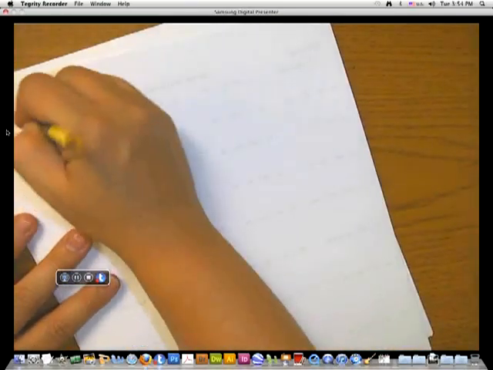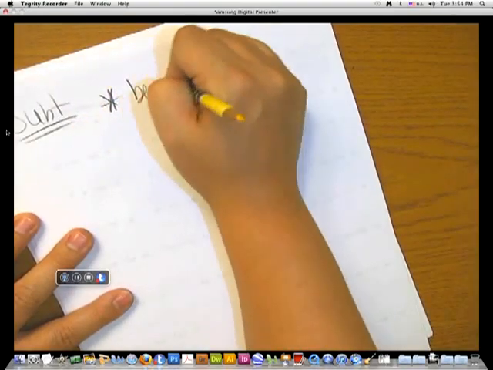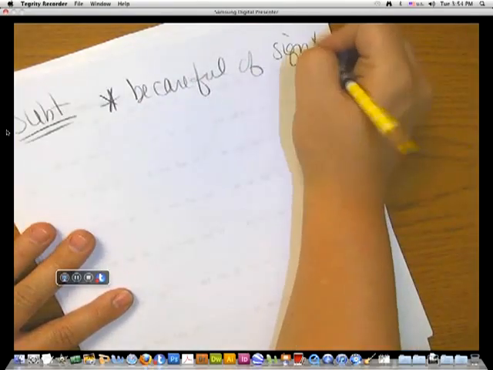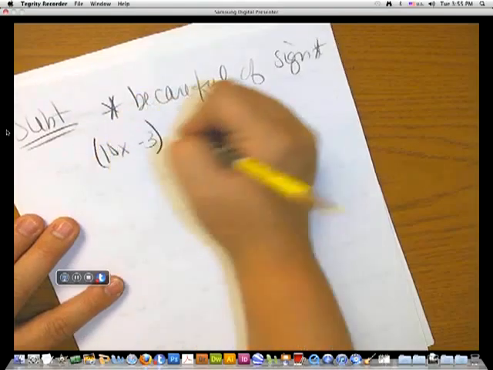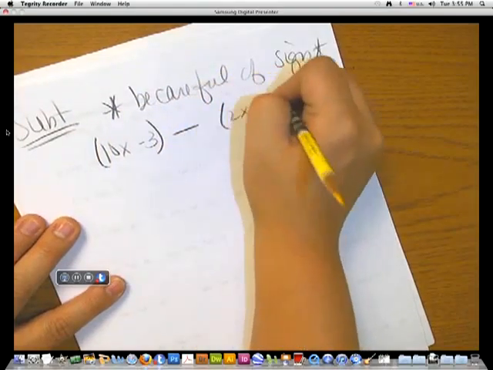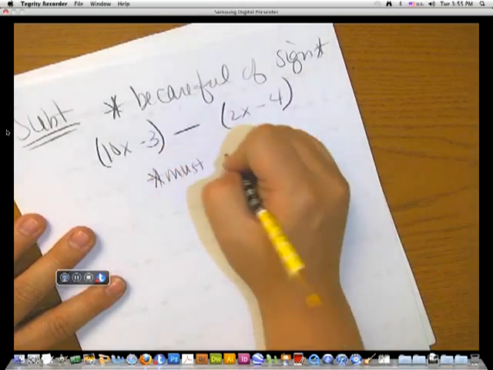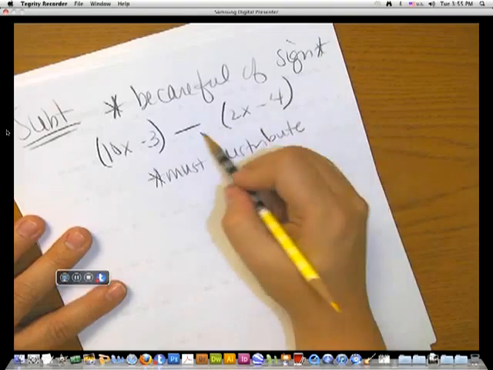When you are subtracting, however, you need to be careful of your sign. Because when we subtract, we must distribute. You don't just subtract the first term.